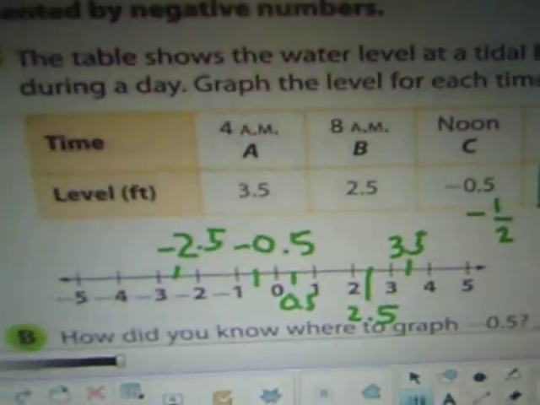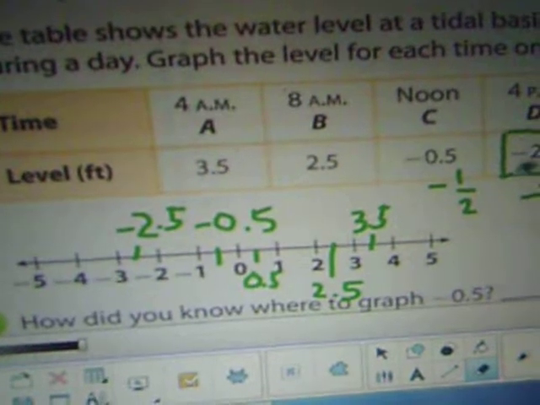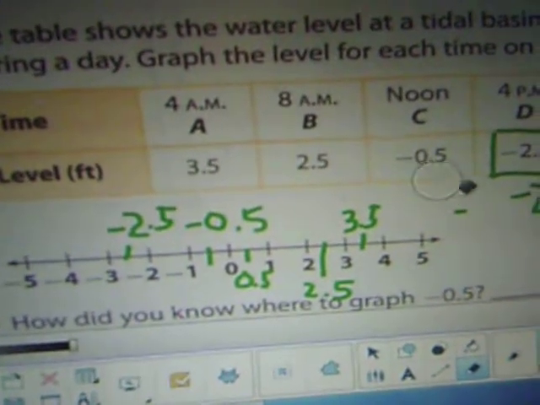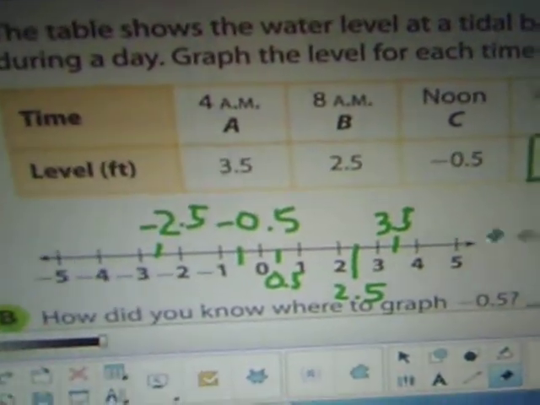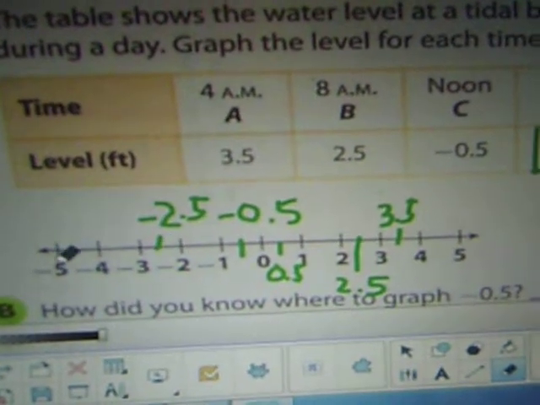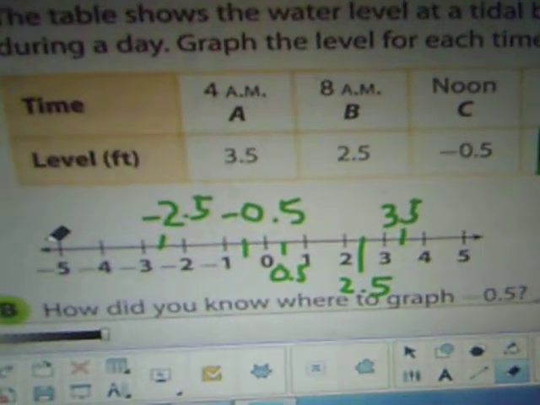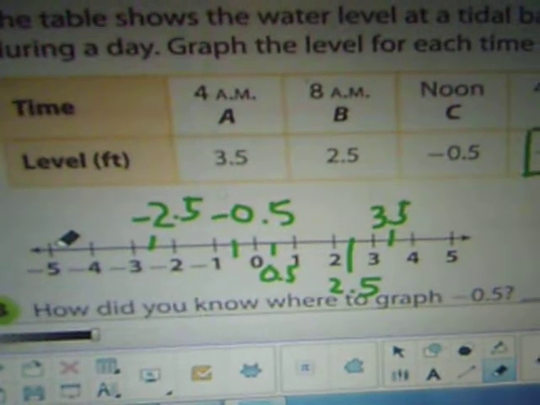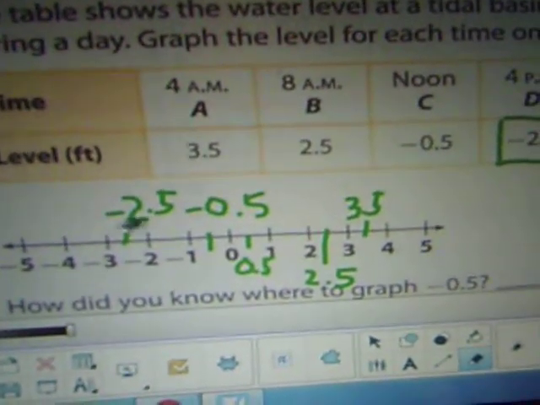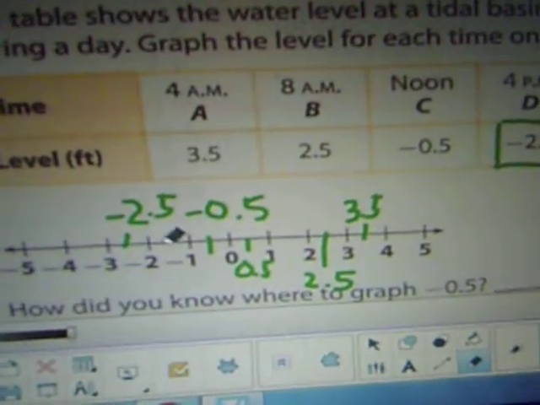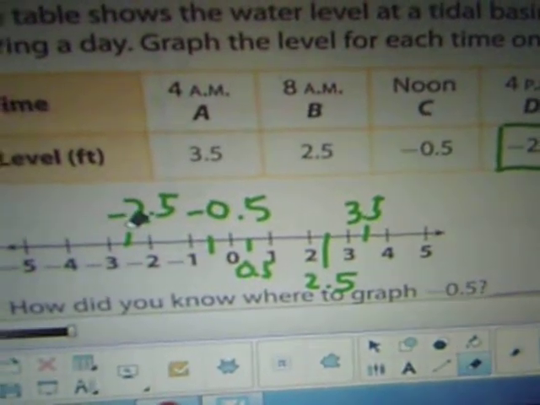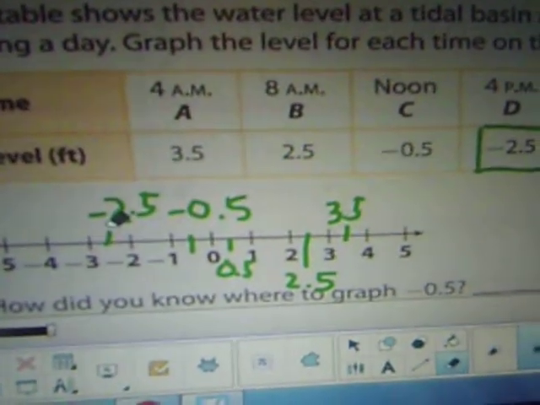Now that we have all these numbers on the number line, we can see that going to the left gets smaller, while going to the right, more positive, gets bigger. So negative 2.5 is our smallest number.